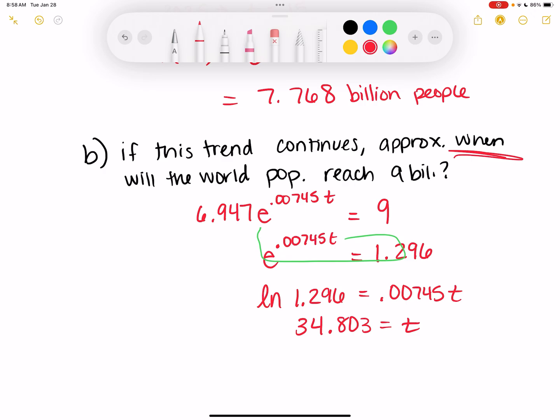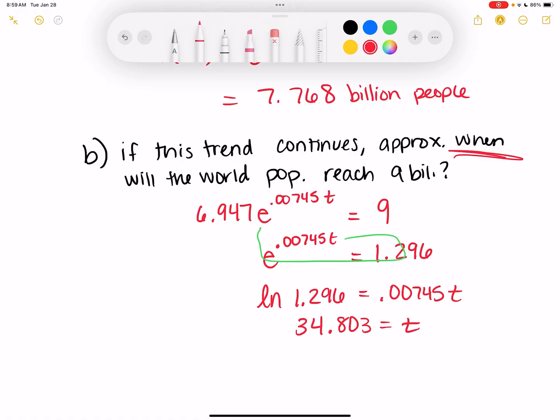So now this is t, but t represents years past 2010. So any idea what I might need to do? Well, sort of, but I already kind of did round. But if I want to know what year this happens, what do I need to do?